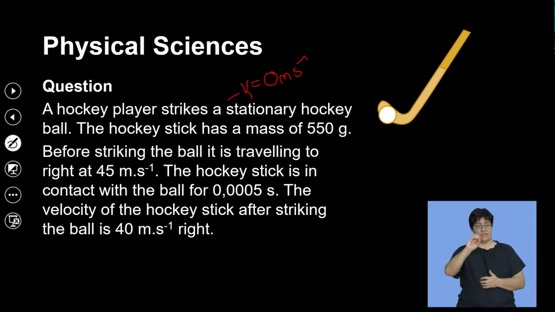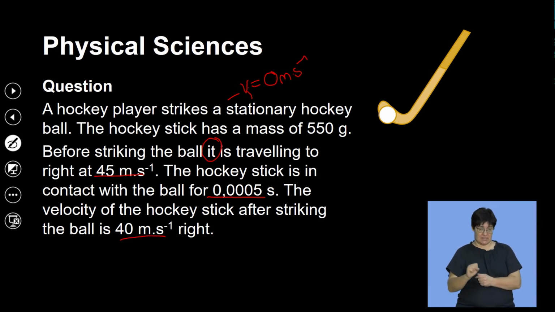That's an average hockey stick. Before striking the ball, I'm referring to the hockey stick, is traveling to the right at 45 meters per second. The hockey stick is in contact with the ball for 0.0005 seconds. The velocity of the hockey stick after striking the ball is 40 meters.